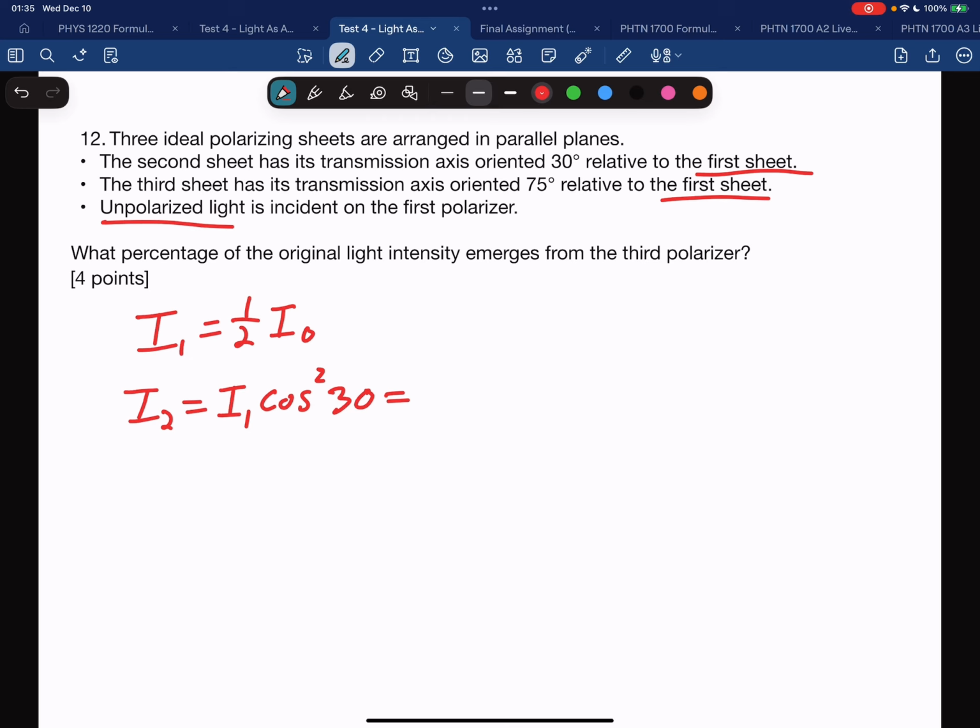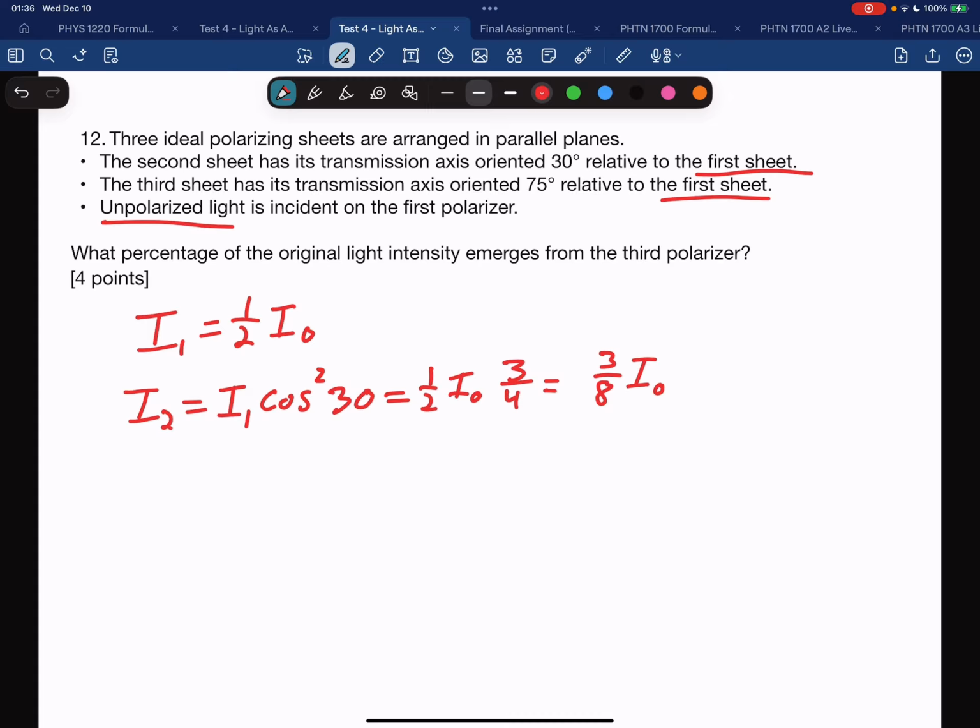Subbing in for I1, that is 1/2 I0. Cosine squared of 30 is equal to 3/4. So this is 3/8 I0. That is what I2 is equal to.